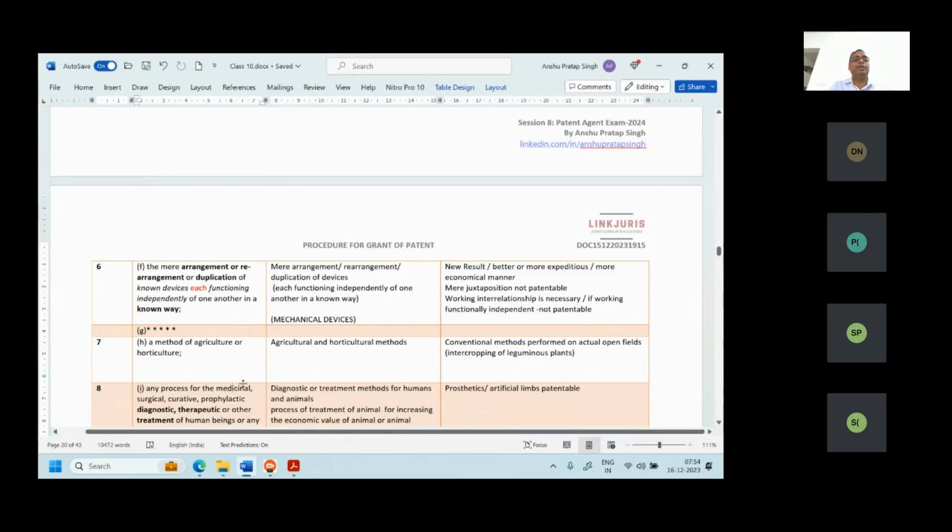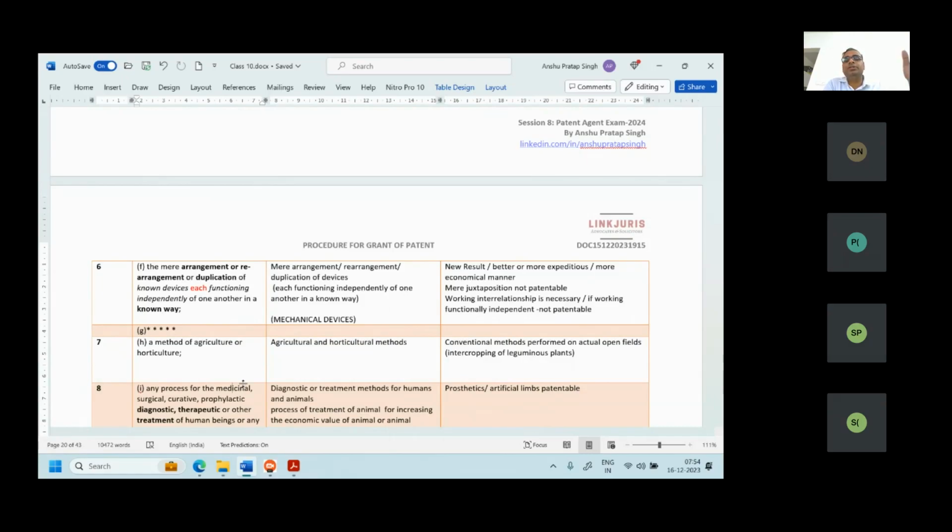Then comes H, H for horticulture. Methods of agriculture and horticulture are not patented. The simple thing is these are conventional methods which we were already using. Intercropping of leguminous plants, you might have heard, enhances the fertility of the soil because leguminous plants have rhizobium bacteria in their roots, so they help in fertilizing the soils better.